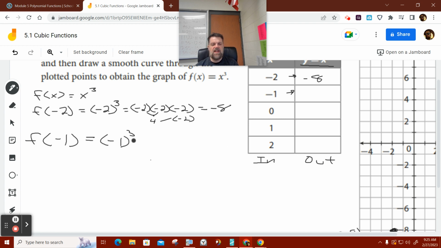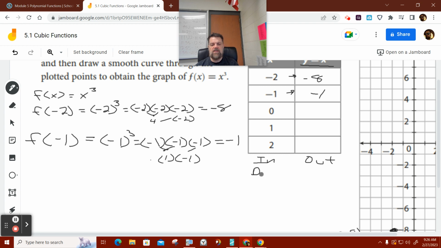So my input is negative 1 to the third power, so I'm going to say negative 1 times negative 1 times negative 1. And so negative 1 times negative 1 is a positive 1. Then I'm going to drop down this negative 1 here. So when I plug in negative 1 to my function, x cubed, my output is negative 1.